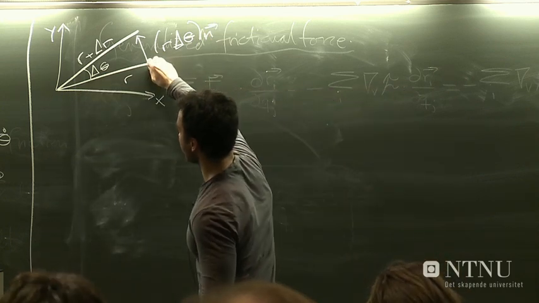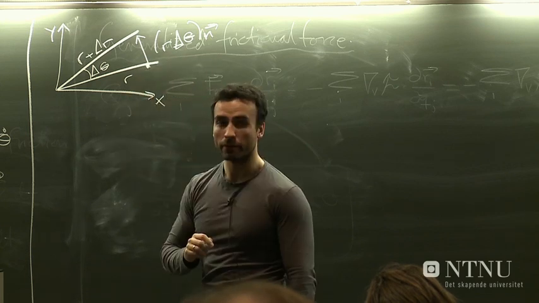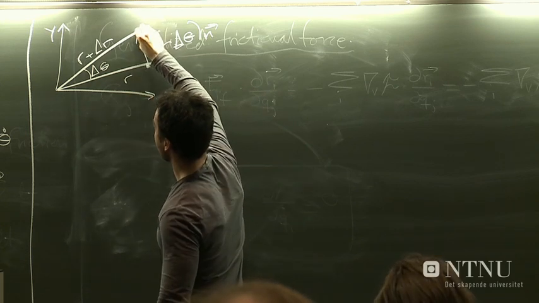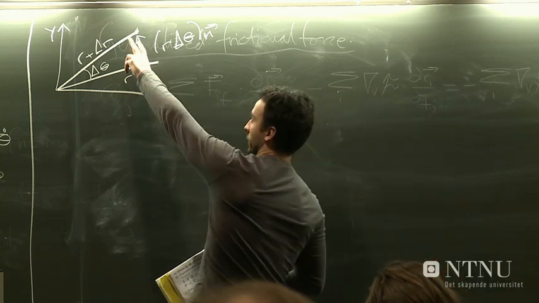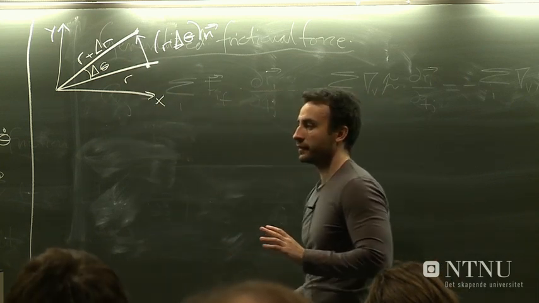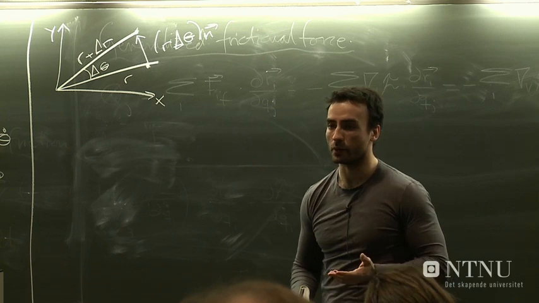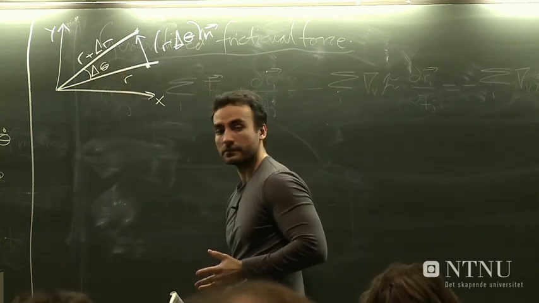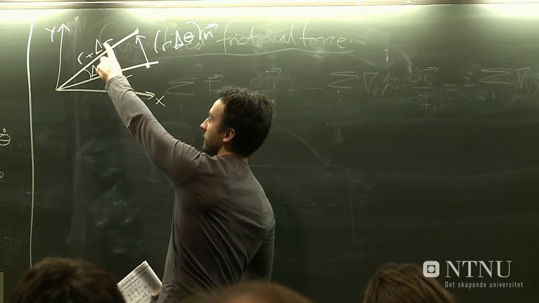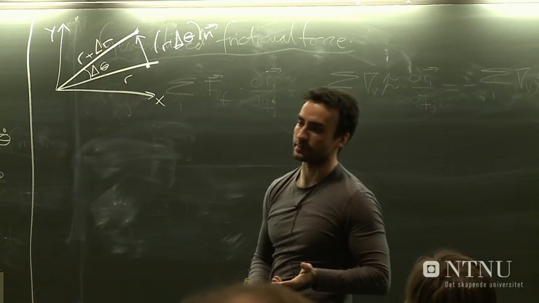So if the particle is here to begin with, and then moves here, and these 2 points are distinct by both a possible change in r, so we have delta r here, and there's also an angular displacement delta theta.